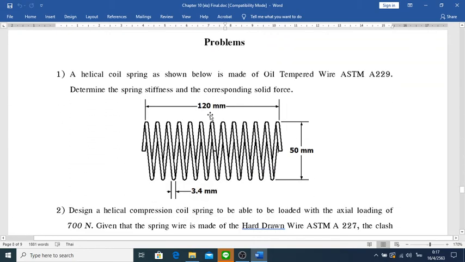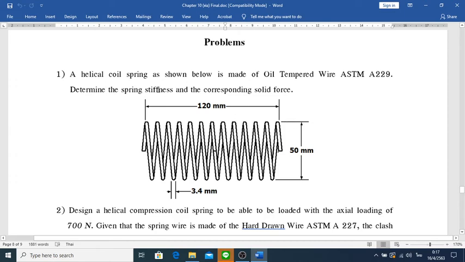I would like you to have a look at problem number 1. Next year you will have some experience with the coil spring. With this coil spring, you can take measurements and make the calculation by yourself. You can measure the diameter of the spring rod by yourself. It's going to be 3.4 on the diameter, and the mean diameter and the free length, things like that.